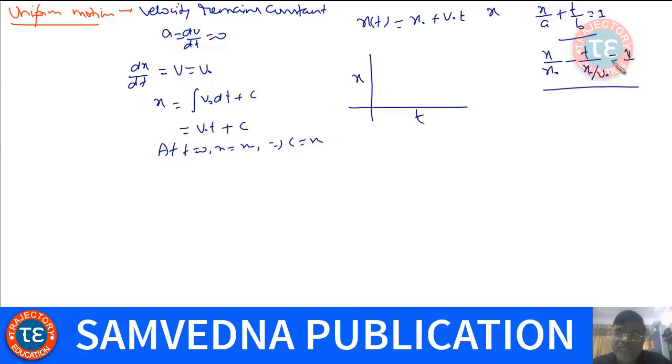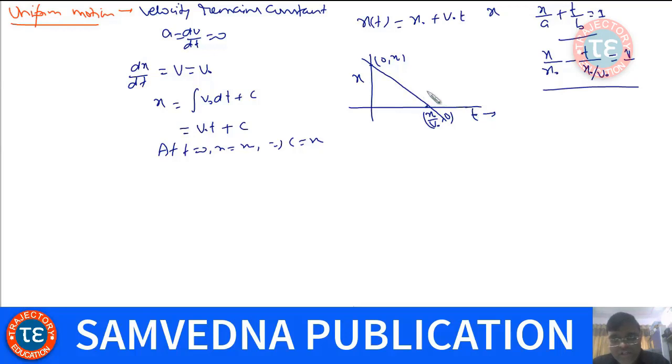Can I write it like this? So on the time axis you have the point x naught by v naught, 0, and here you have x naught. So this is going to be the line, the equation of the line.